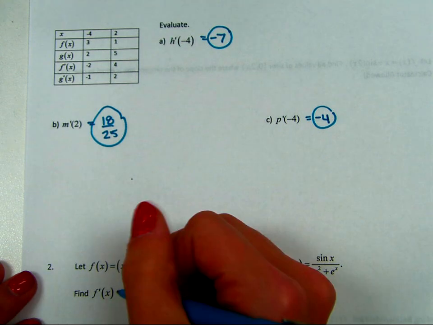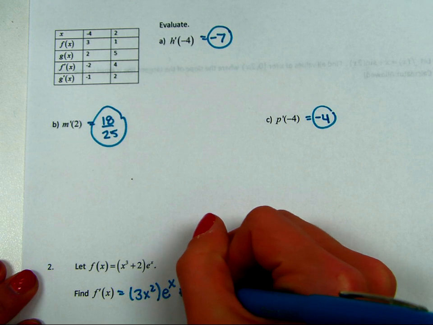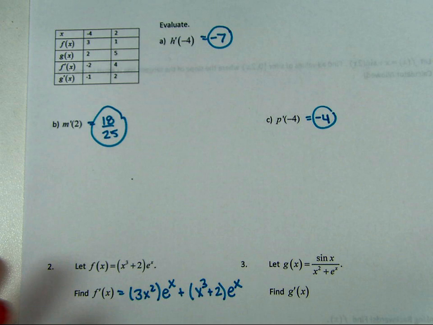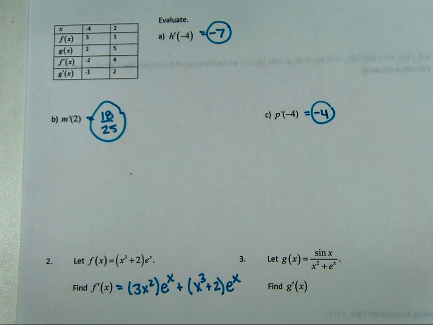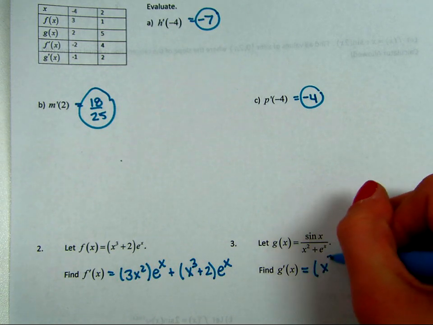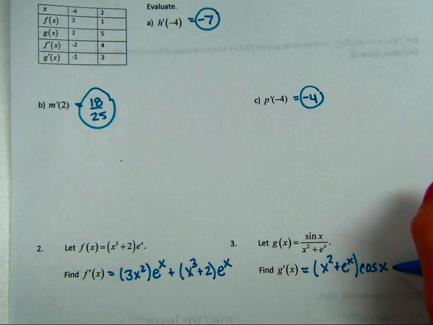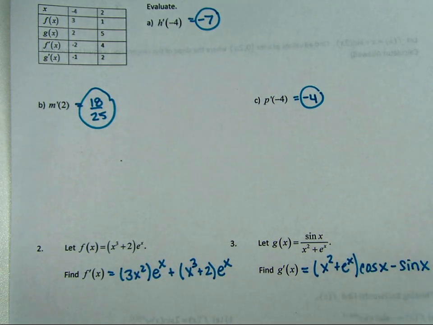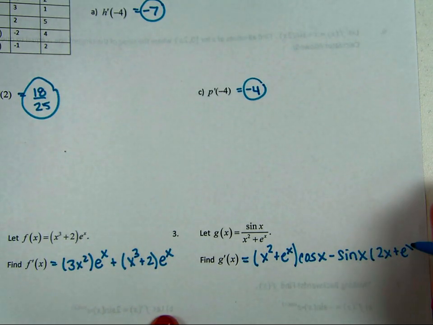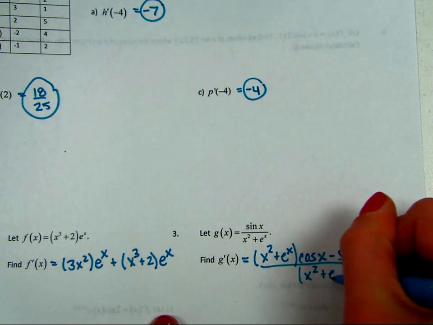Number 2, the answer should be 3x squared times e to the x plus x to the third plus 2 times e to the x. 3, you should definitely do your quotient rule there and get x squared plus e to the x times cosine x minus sine x times the quantity 2x plus e to the x all over x squared plus e to the x all squared.